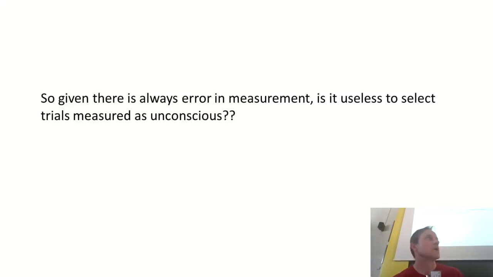So the conclusion that skeptics, and especially David Shanks for this particular argument, can be tempted to come to is it's useless to select trials measured as unconscious. You should never do post hoc trial selection because of the regression to the mean problem.